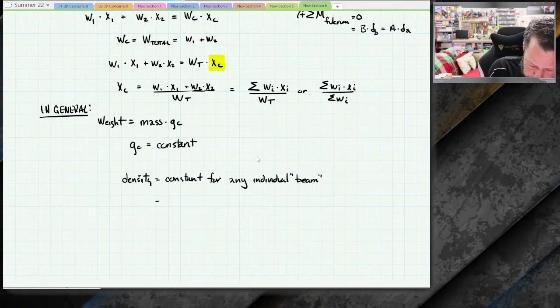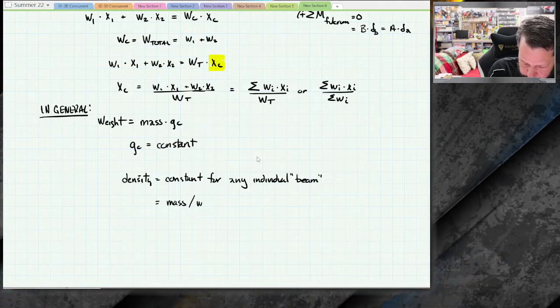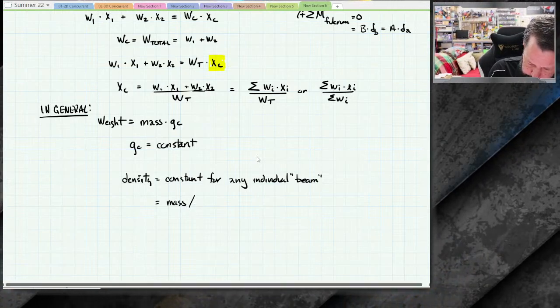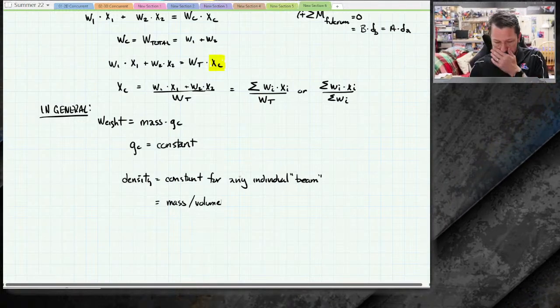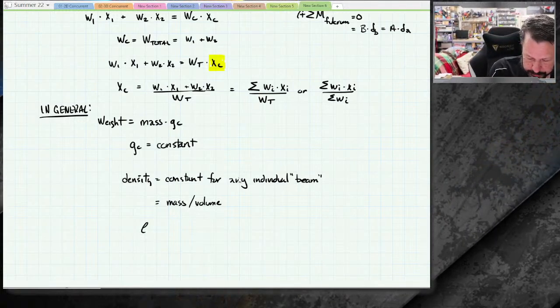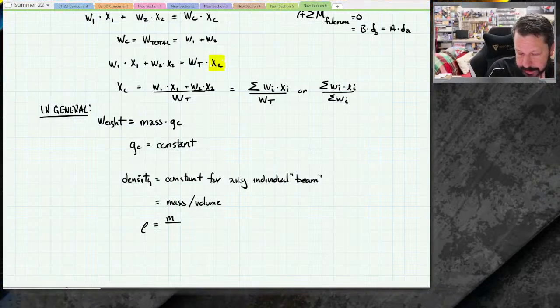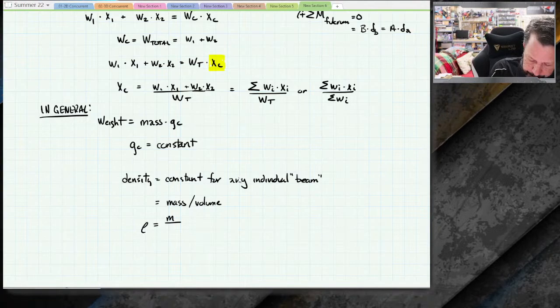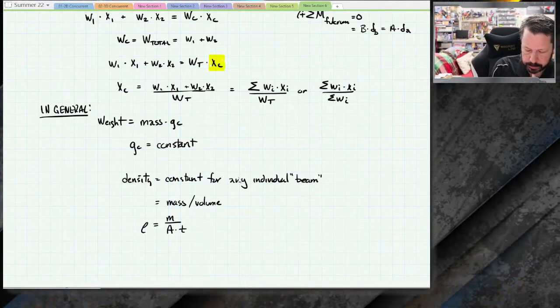Also, density equals mass over volume, right? So we usually use rho for density, m for mass, and V for volume. We could say volume is whatever the cross-sectional area is times the thickness of the thing.